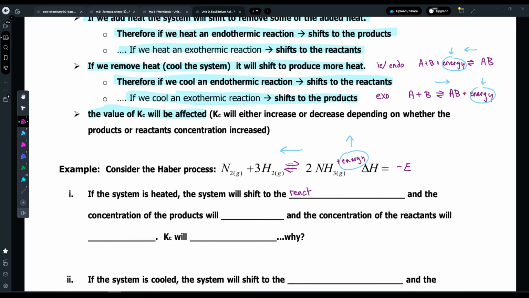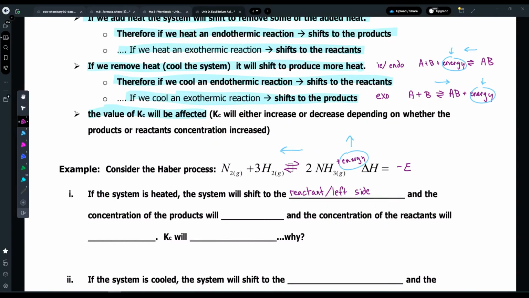Either way of saying how the equilibrium shifts, whether you say reactant or left side, both of them mean the same thing. So because the reactant side is favored, that means the reverse reaction is being favored to decrease the amount of heat that we added to the system.